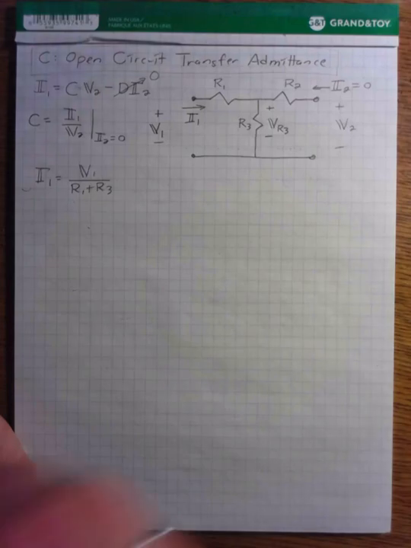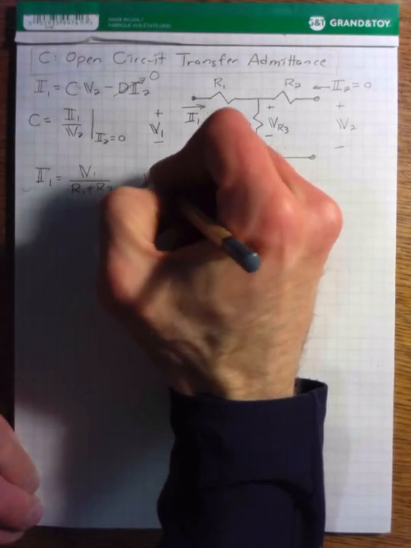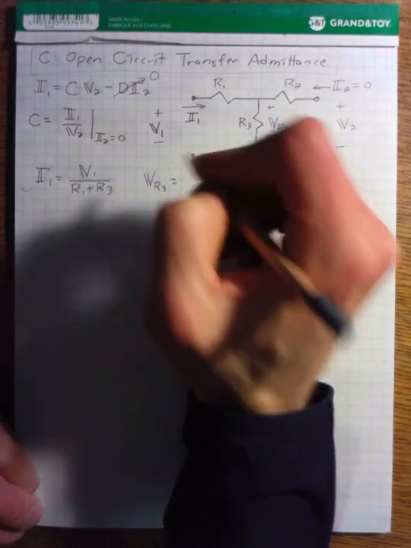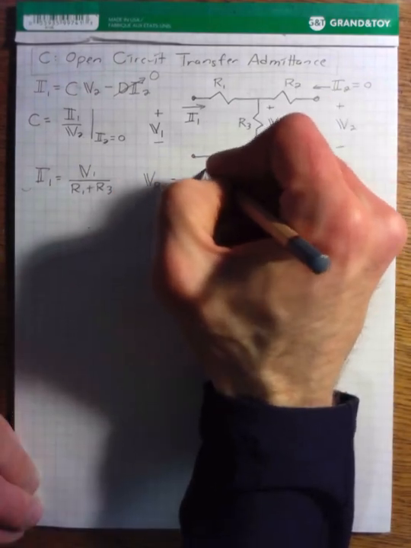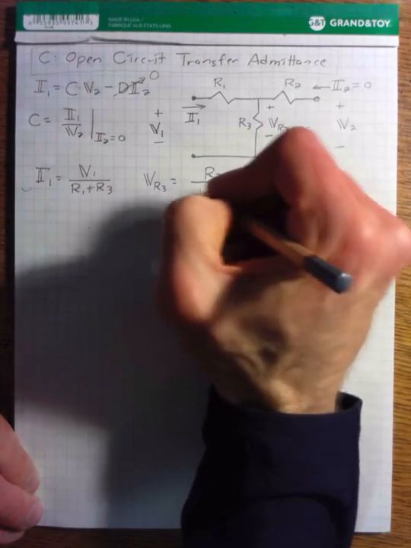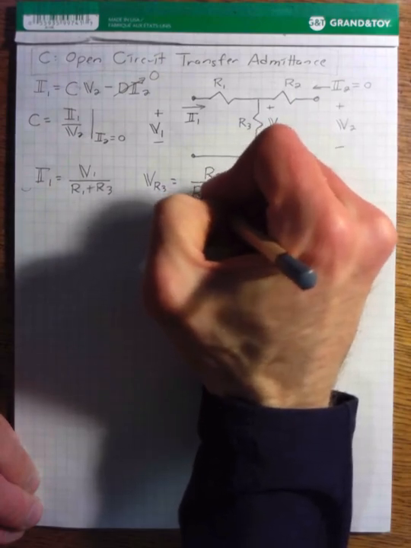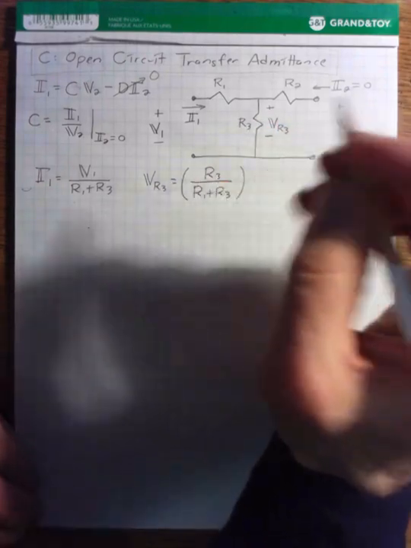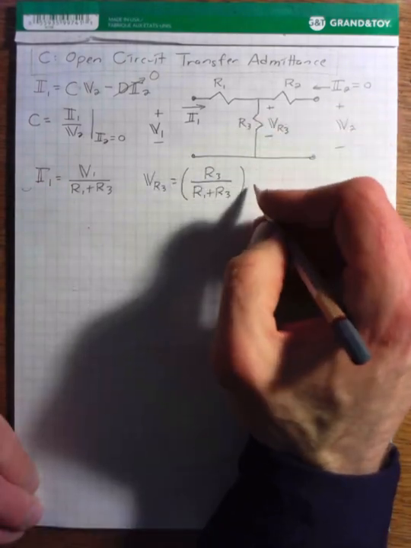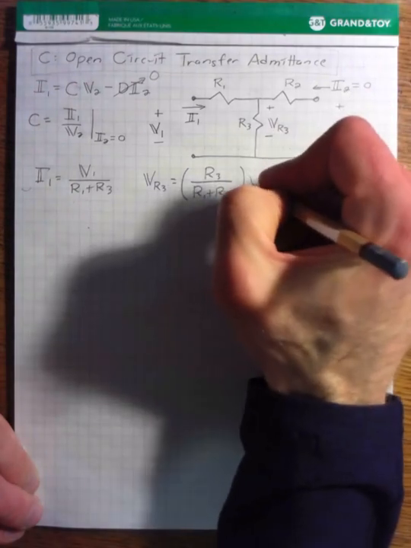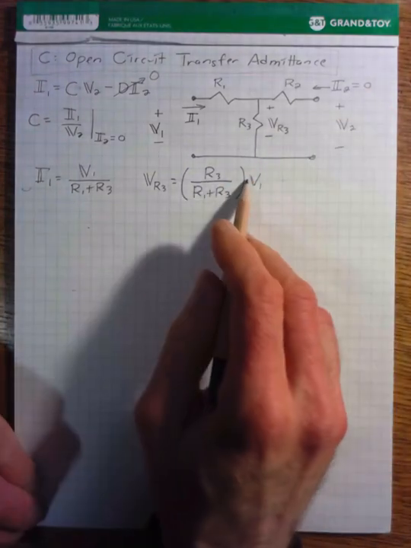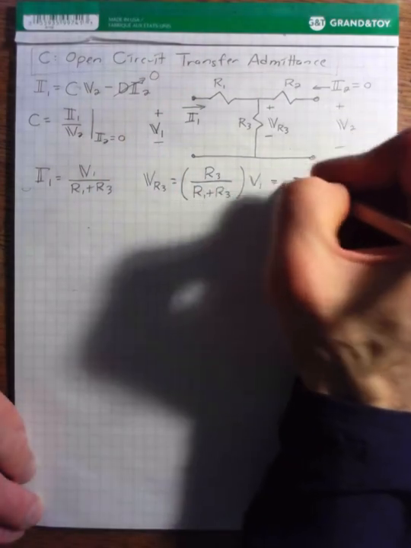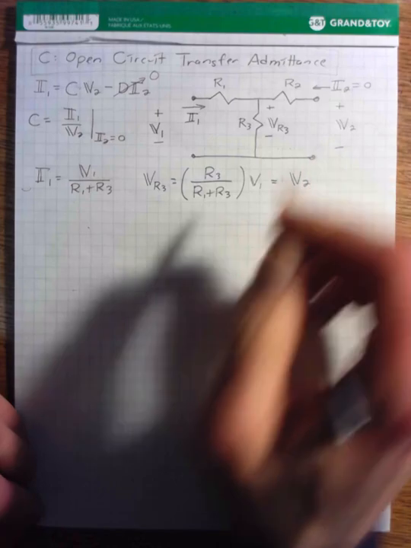And VR3 is equal to R3 over R1 plus R3 times V1. So just voltage divider again. This is equal to V2.